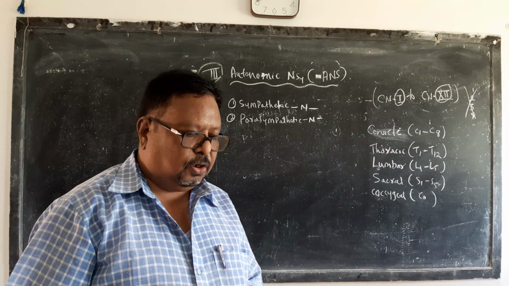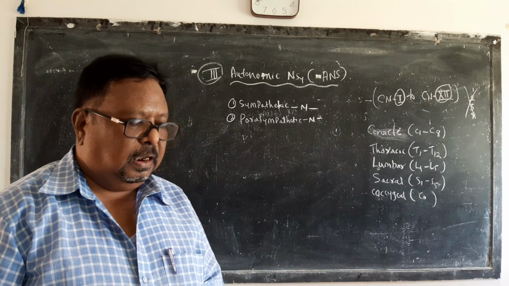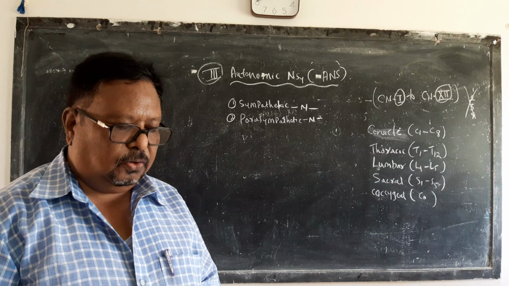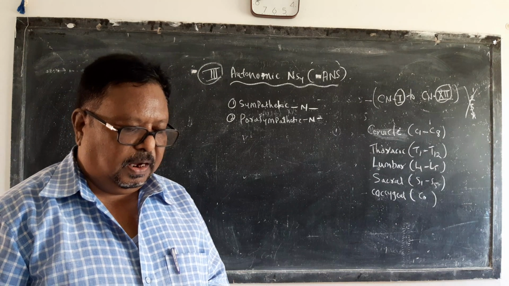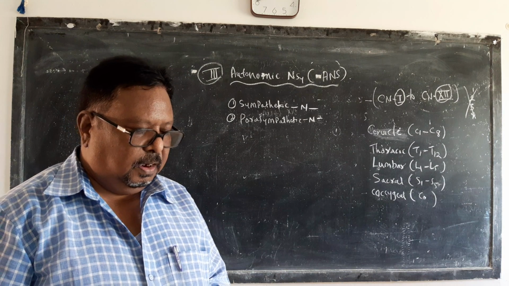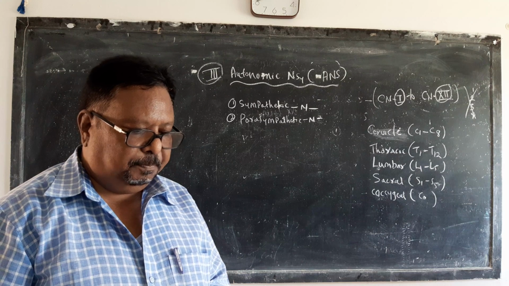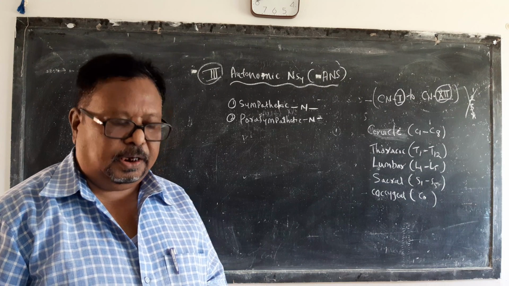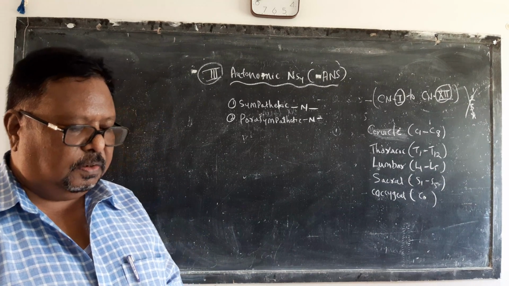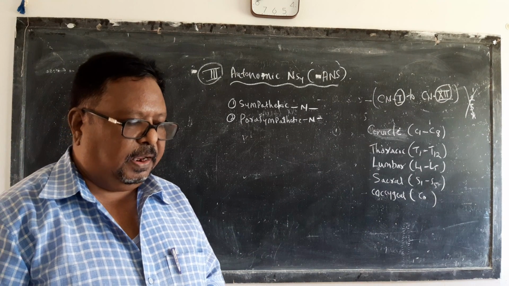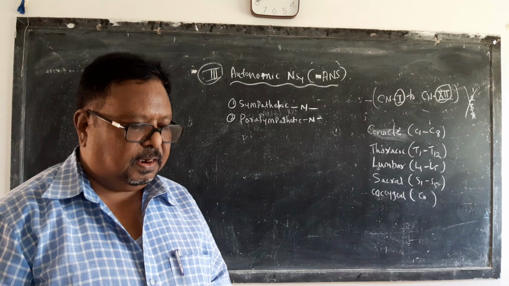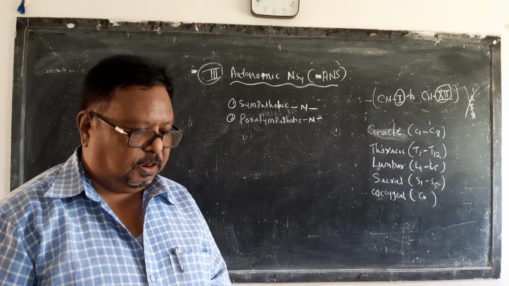So the movements of all these organs are controlled by the sympathetic and parasympathetic nerves of the autonomic nervous system.